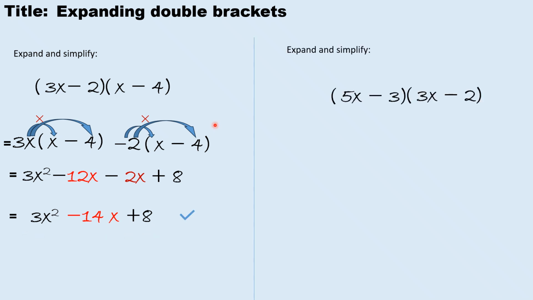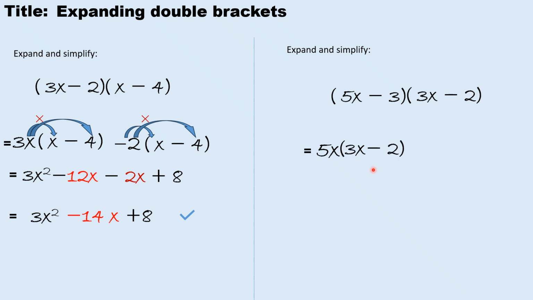Again, how about trying these questions? You can pause the video and have a go. Let's check your answer again. Remember to multiply throughout your second bracket with your 5x. So here we go, 5x multiplying everything in your second bracket.